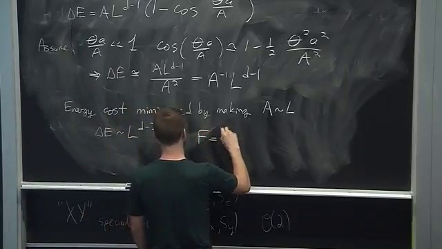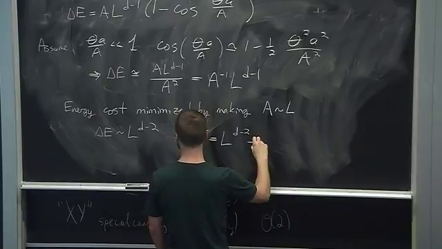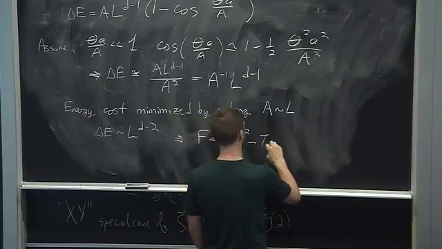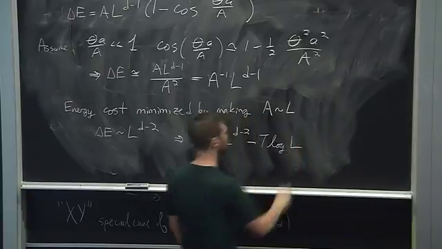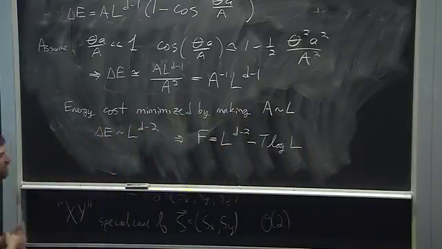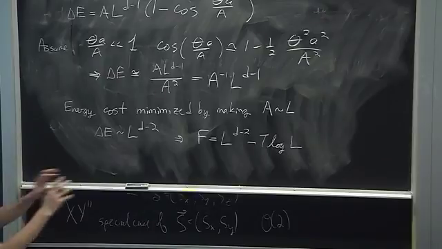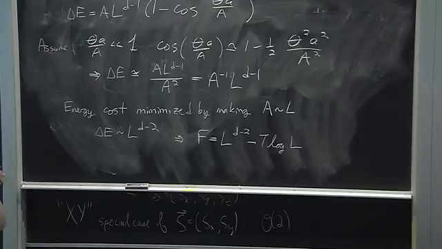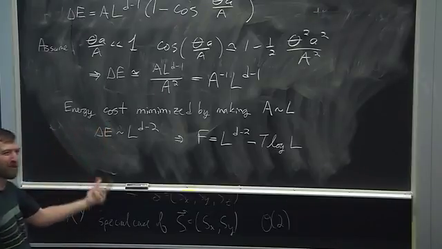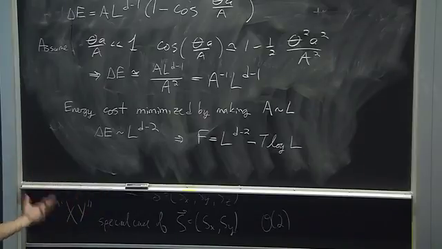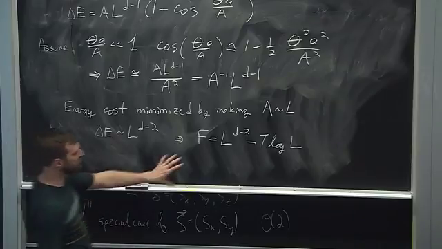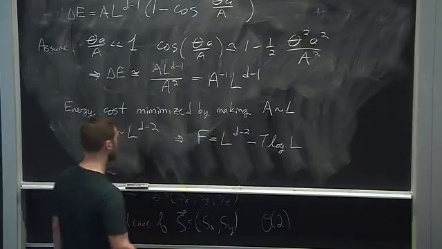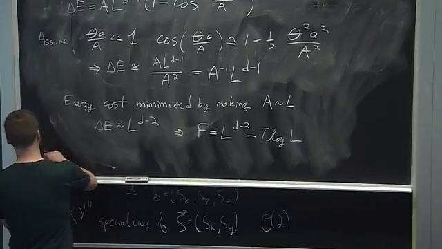Then your free energy will be L to the D minus 2 minus, say, T log L. So just by analogy, the lower critical dimension for continuous symmetries, and this is essentially an O(2) symmetry, the lowest continuous symmetry, is 2 here. That's the only time you start getting an energy-entropy balance.